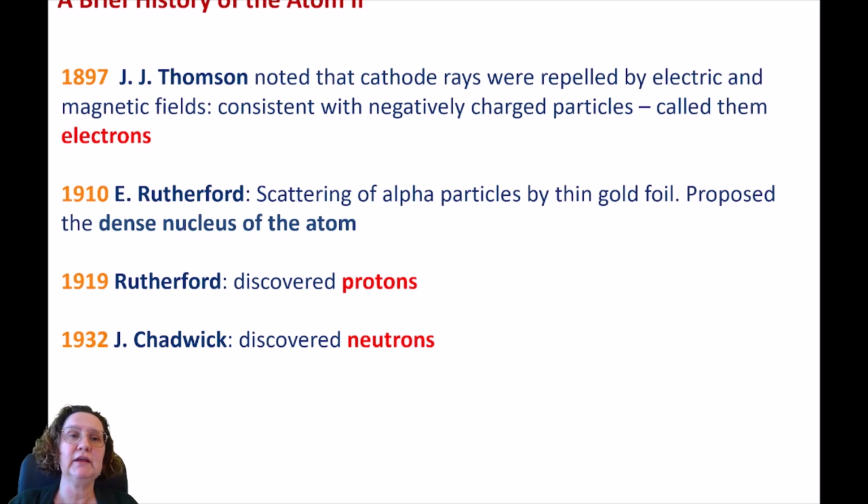The end of the 19th century and the beginning of the 20th century greatly improved our understanding of what atoms were and what they were made of. We did discover that atoms were not indivisible, that they could be divided into electrons, which were discovered in the very late 19th century, and protons, discovered in 1919 by Rutherford, and Chadwick, who in 1932 discovered neutrons.